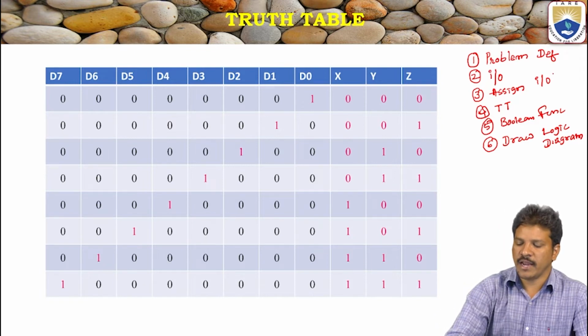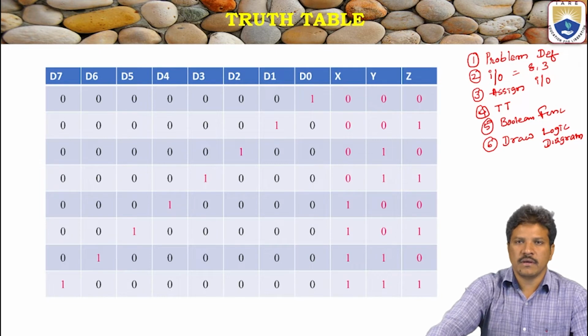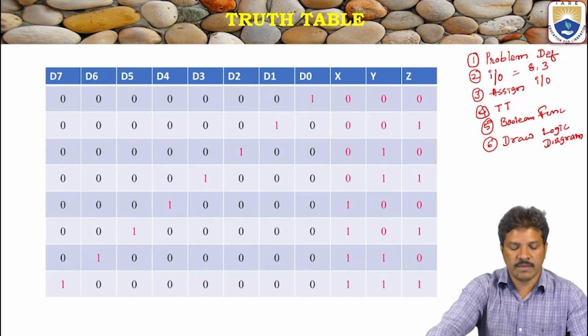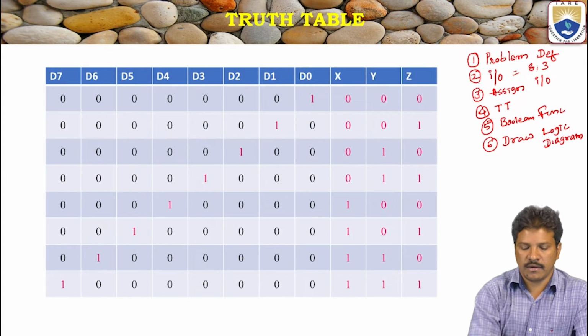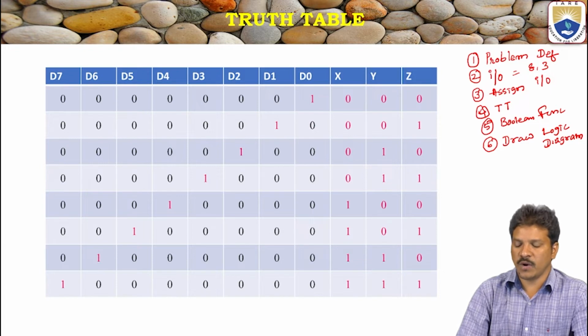So we assign 8 inputs and 3 outputs, and assign names for the input and output variables. In this case, I would like to assign the names D7 to D0 for inputs, so I am putting them in the table, and X, Y, Z are the names of the outputs of the encoder.